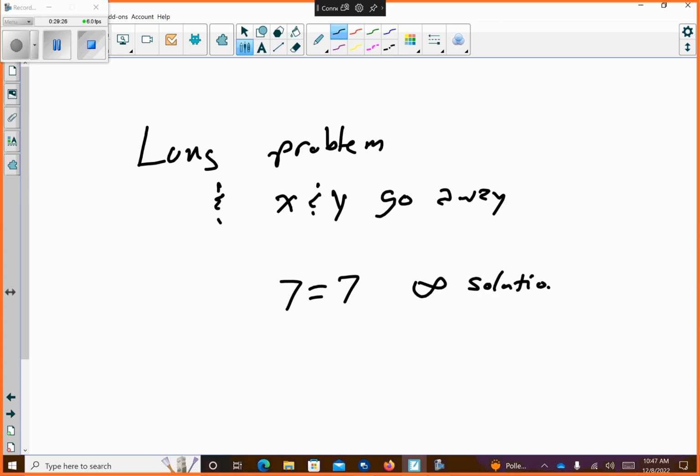Okay, same idea. What would happen if I'd solved it and I wind up getting 7 equals 8? No solution. No solution graphed are what kind of lines? Parallel. Infinite solution means that if I graphed it, they lie right on top of each other. Okay? Sound like a deal?